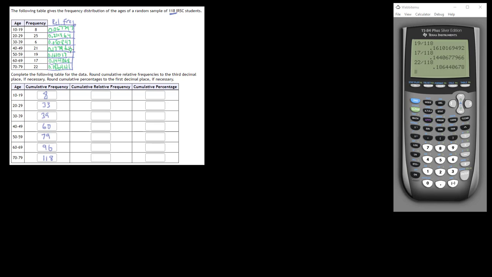Okay, so there's our relative frequencies. Sometimes those will be calculated for you, but we had to take a few minutes to do that. So cumulative relative frequencies is when we do a running total of the relative frequencies.